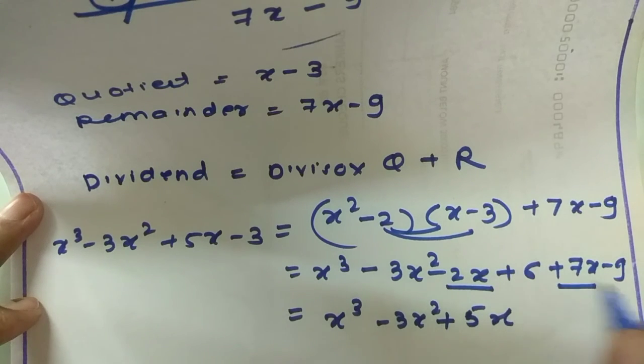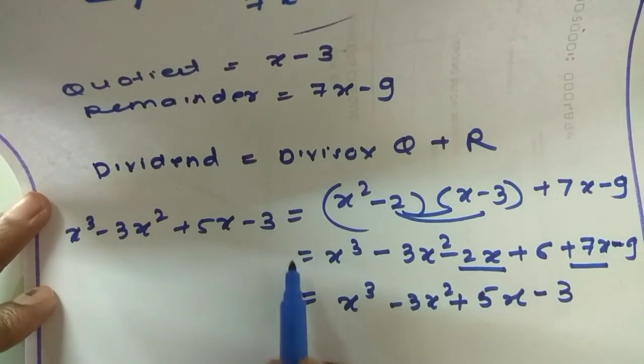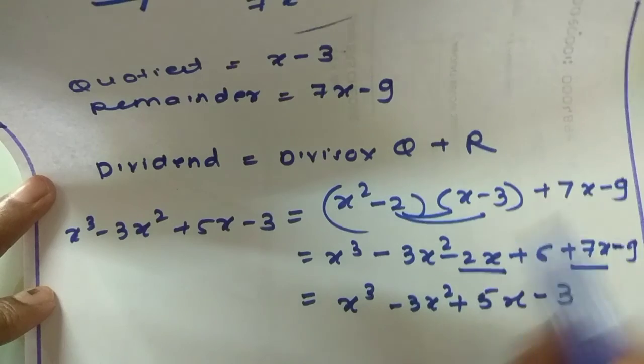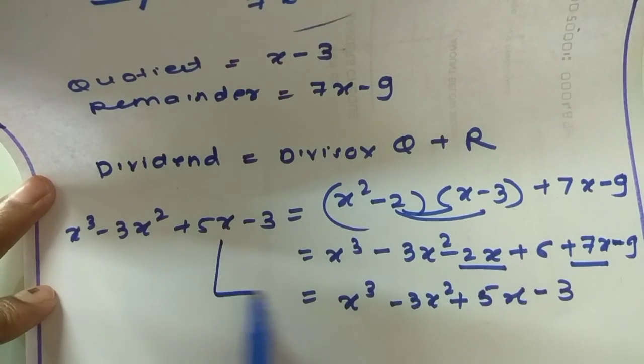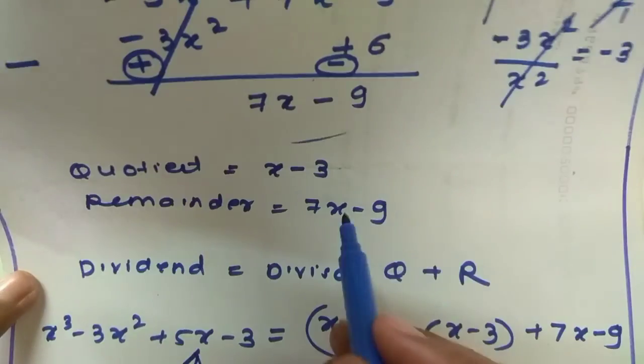Now here plus 6 and minus 9 we can operate. Plus and minus means we must subtract, giving 3, with the sign of the greater digit, that is 9. So now just check: divisor into quotient plus remainder, we got the same as the dividend. It means your quotient and remainder are correct.